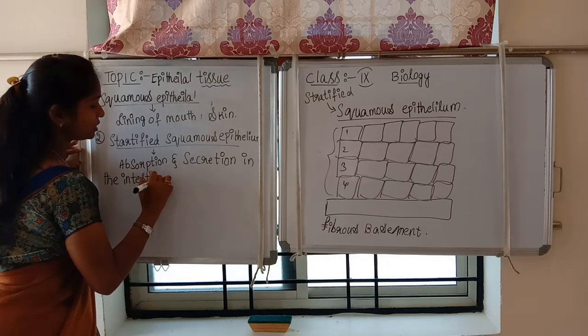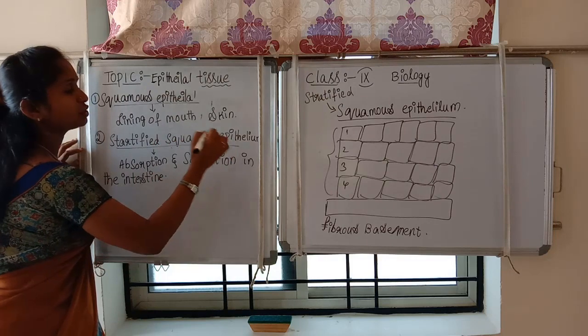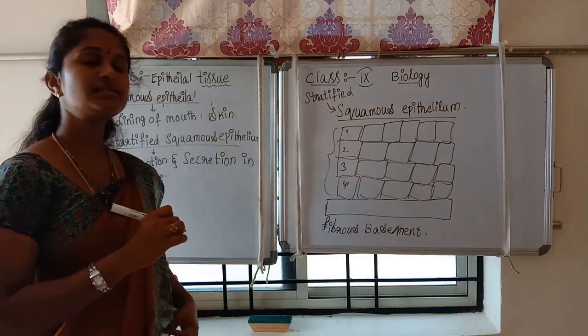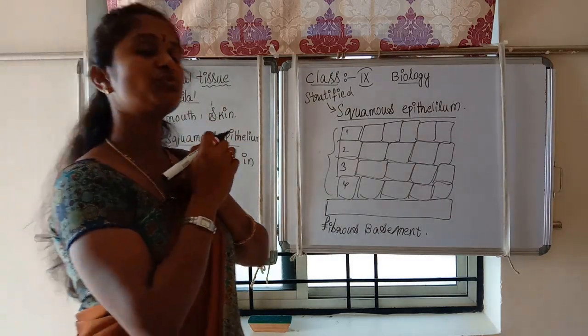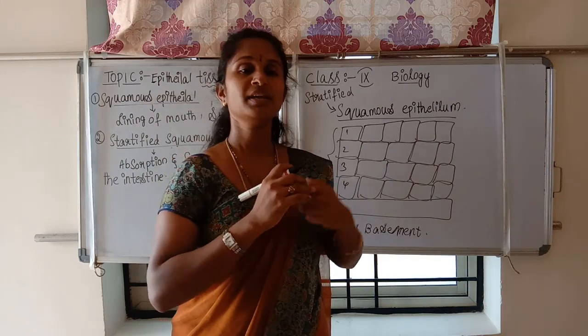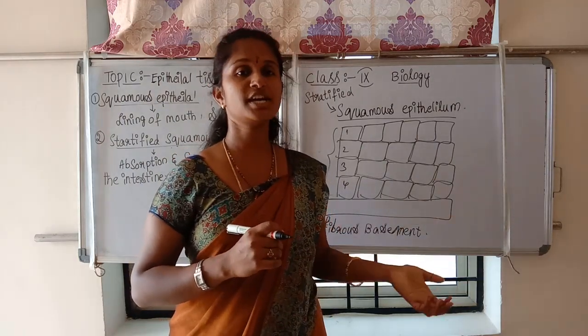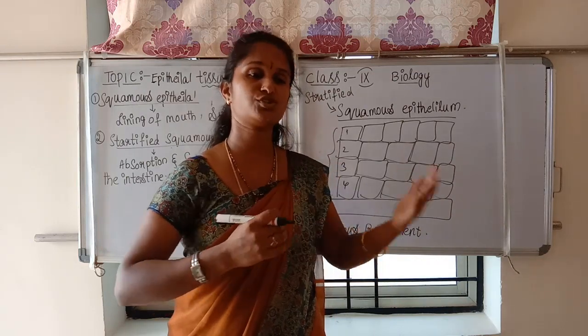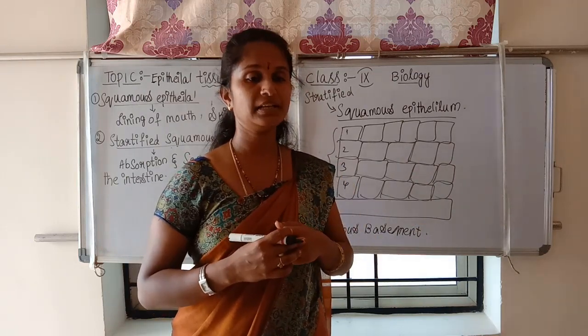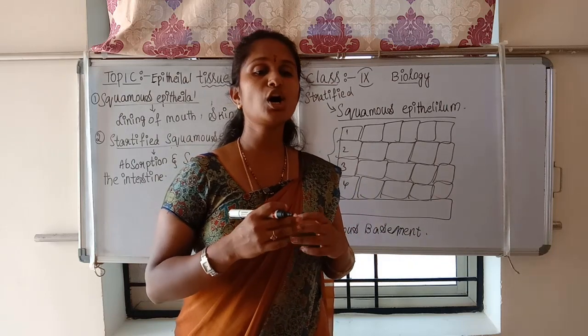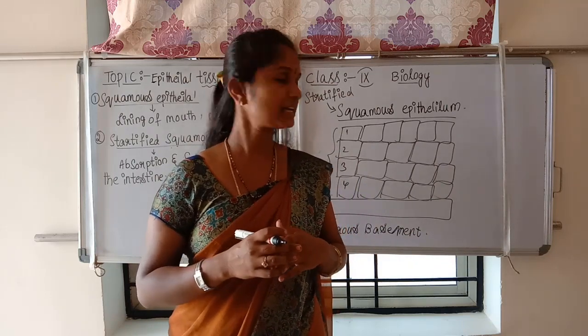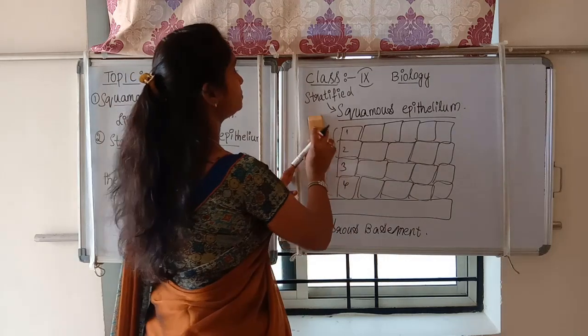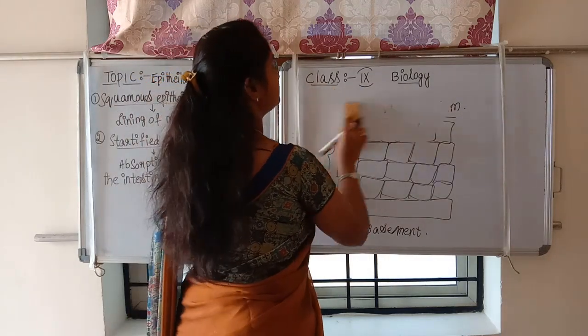In the mouth, which one do you see? Squamous epithelium. In the intestine, stratified epithelium cells. There is a slight difference between these two. Next, the columnar epithelium. So the next one is columnar epithelium.